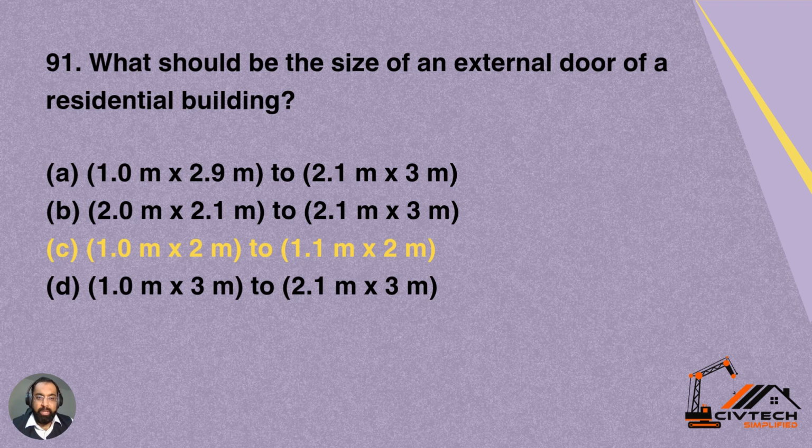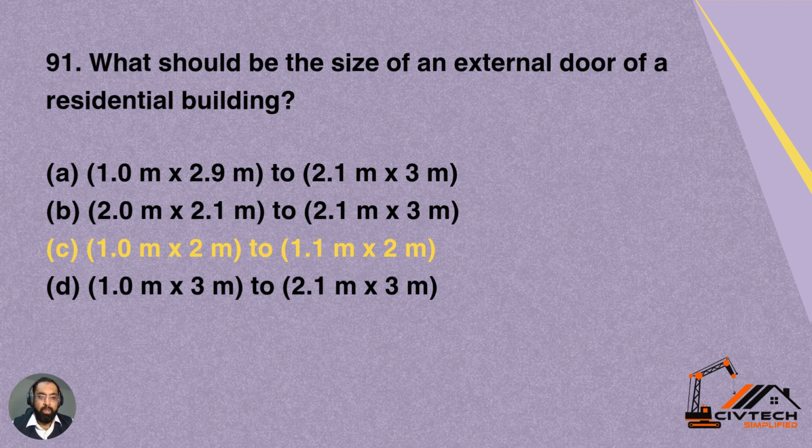Question 91. What should be the size of an external door of a residential building? So in case of houses or residential buildings, what should be the size of external door? Option A is 1 meter into 2.9 meter up to 2.1 meter into 3 meter. Option B, 2 meter into 1.2 meter to 2.1 into 3 meter.